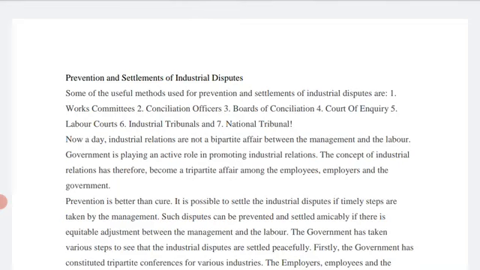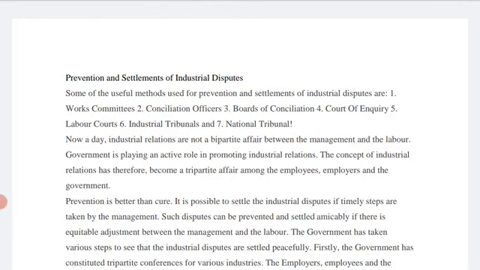First thing is, it is always said that prevention is better than cure.